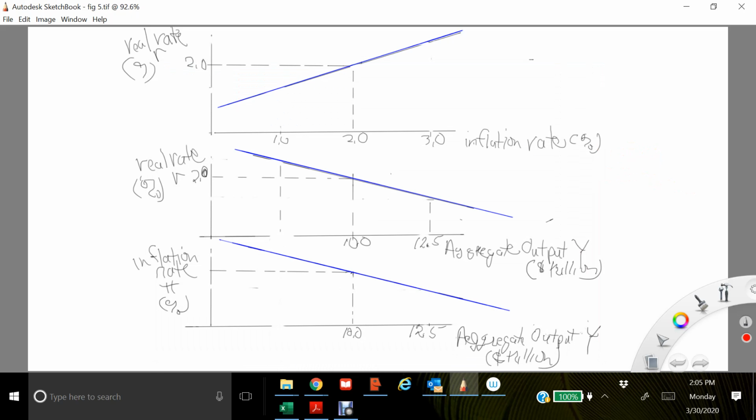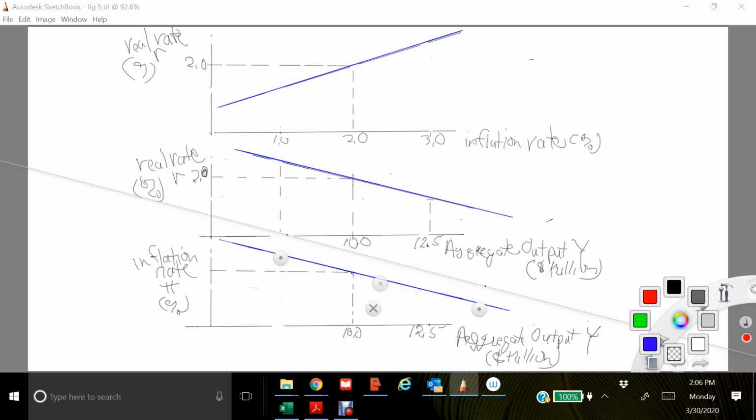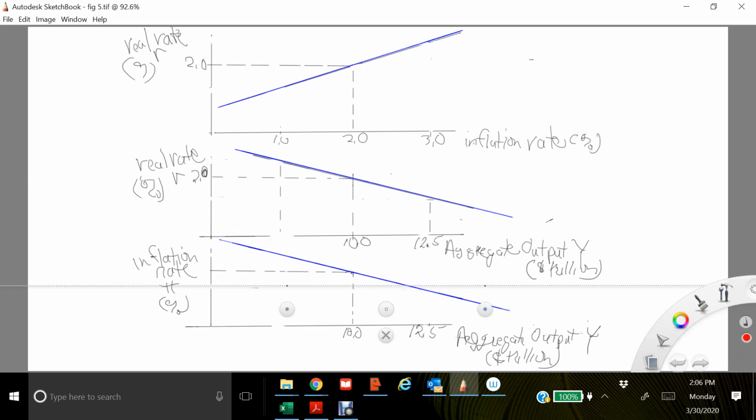Finally, we can see what happens when monetary policy changes. So, I'm looking at page 510. Say the Fed tightens monetary policy, as we saw just a while ago. That has the effect of shifting the monetary policy curve upwards.